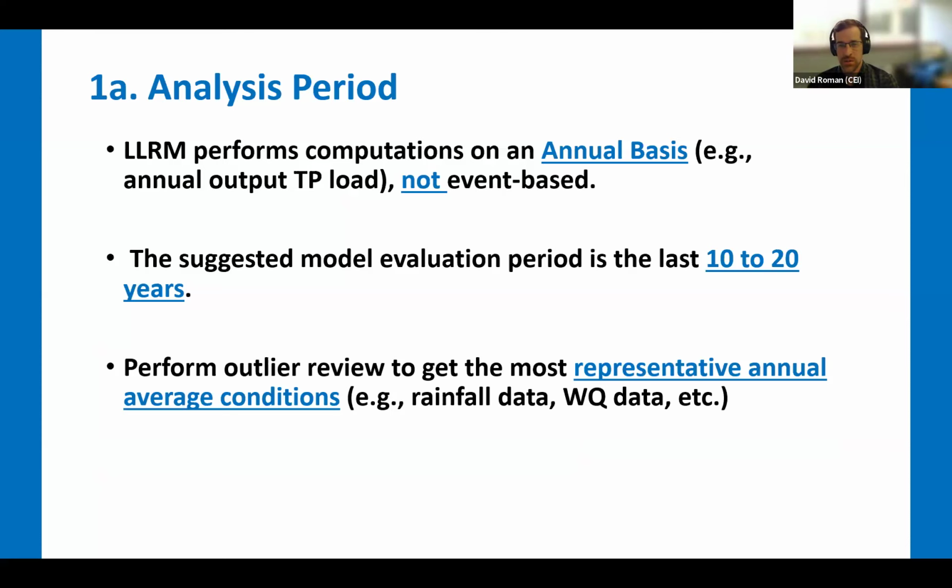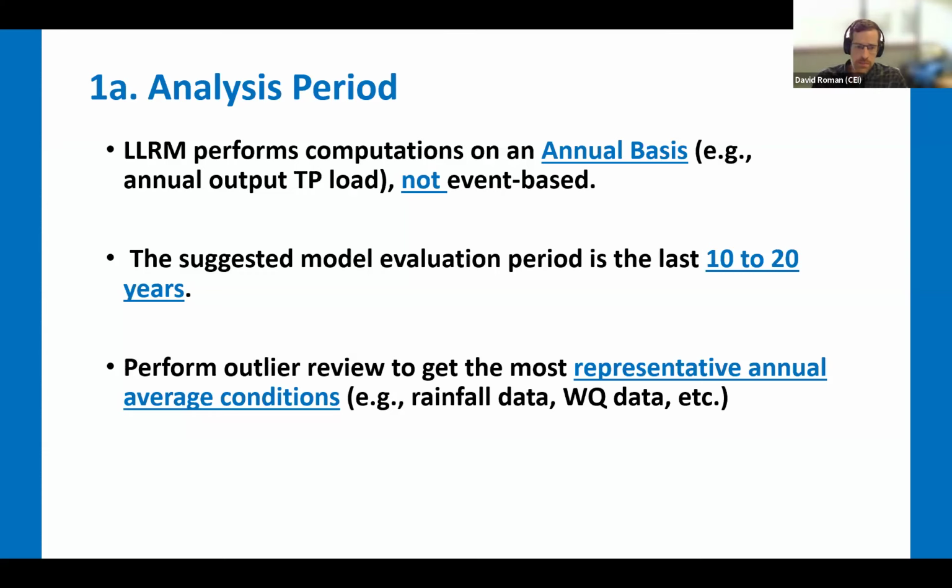So 10 years gets you enough data to see what's going on in a long-term average. Once you get beyond 20 years, some of these lakes can actually change quite a bit. You can have huge changes in loading, but in general, 10 to 20 years, but it's going to be site specific.